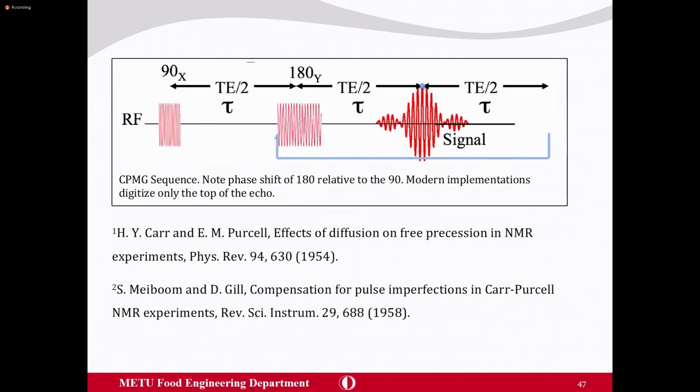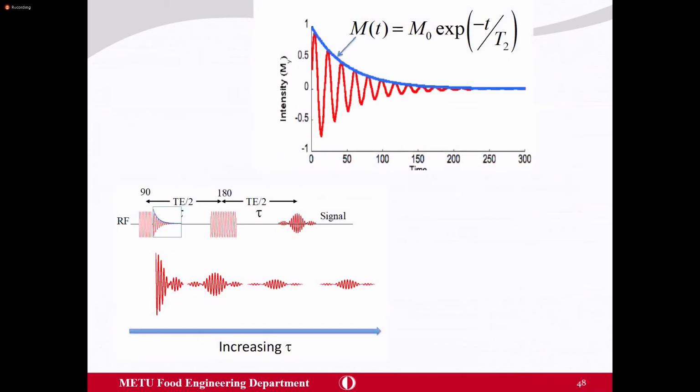We have the 90-degree pulse, the 180-degree pulse, and what we do in CPMG is repeat these 180-degree pulses and collect the maximum echo amplitudes. So we record the T2 relaxation. The 90, 180, we have an echo, and then we have other echoes with increasing echo times, and we end up obtaining a T2 curve.